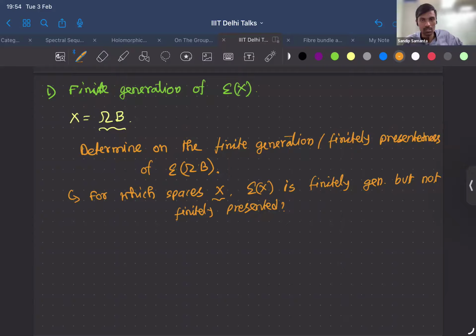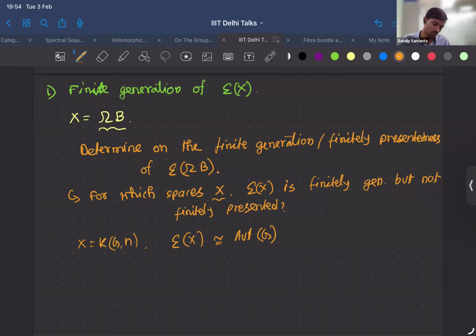Those kinds of results or study was already done for certain other spaces. For example, we have seen that if we consider Eilenberg-MacLane spaces, K(G,n), then E of X is isomorphic to the automorphism group of G, right?